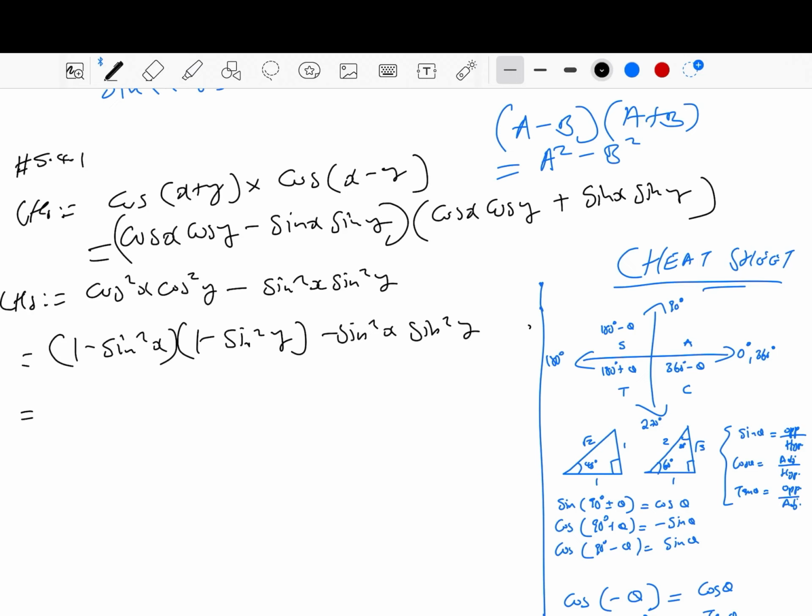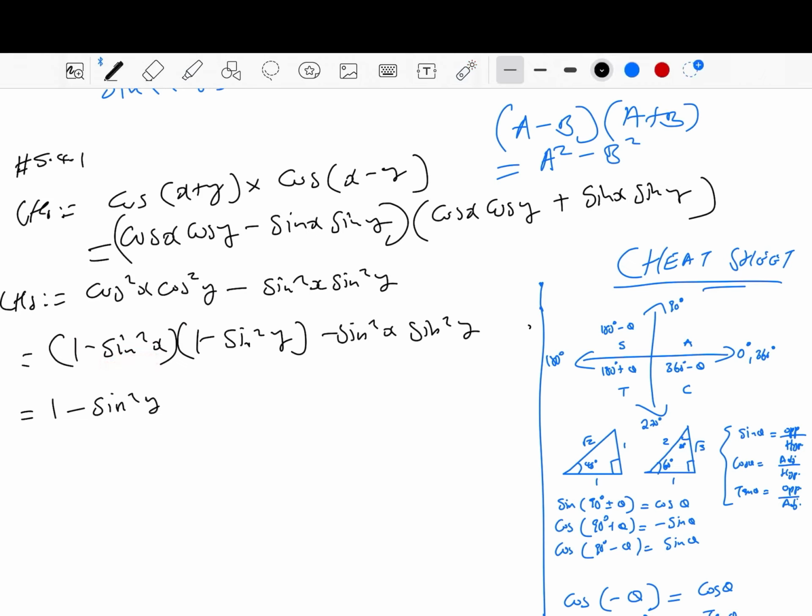And then what do we do? We multiply, people. We multiply. So 1 times 1 is 1. 1 times negative sine squared y is negative sine squared y. So this times that, okay? And then this times this and this times that.